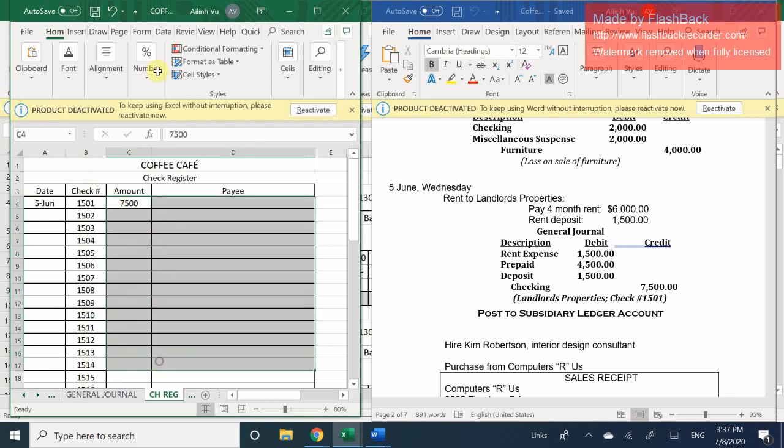And rent, there's no property. Yes, there is. Who is the vendor? Who are we writing this check out to? Our bank? No, no. Landlord Properties is our vendor.